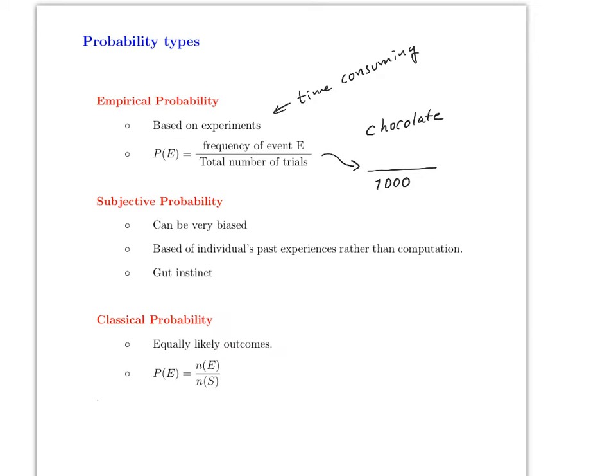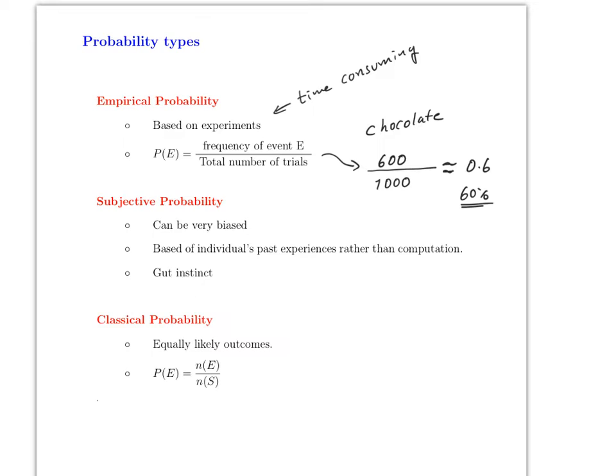Let's say of those 1,000 people, 600 say yes, that they like chocolate. Therefore, an approximation to this probability would be 0.6 or 60%. As you can see, this is very simple, but it requires time because you need to physically ask 1,000 people. You can also do this online, but you still have to ask people, and that takes time.